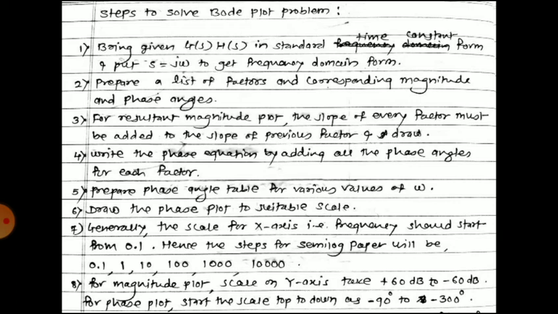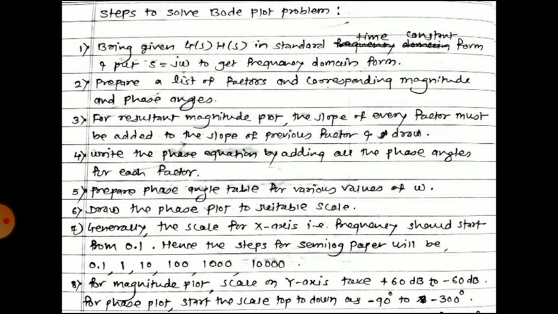Hence the steps for semi-log paper will be 0.1, 1, 10, 100, 1000 and 10,000. For the magnitude plot, the scale on the y-axis is plus 60 dB to minus 60 dB. For the phase plot, start the scale from top to down as minus 90 degrees to minus 300 degrees.